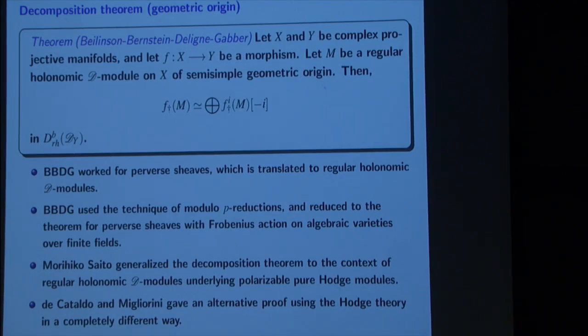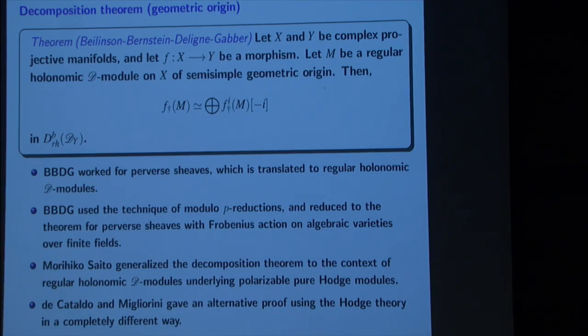And the work of Morihiko Saito establishes that we have a parallel theory of perverse sheaves with Frobenius structure on algebraic varieties of positive characteristic, and perverse sheaves with mixed Hodge structures on algebraic varieties over complex number fields. So it is a very interesting and strong theory.